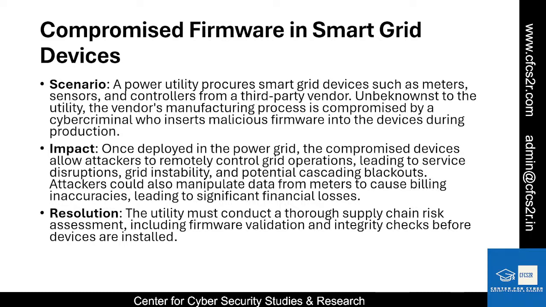So in that case, the vendor who is manufacturing all this is being compromised by a cyber criminal. Maybe in some way, he is compromised and inserts some malicious firmware into the devices during production.